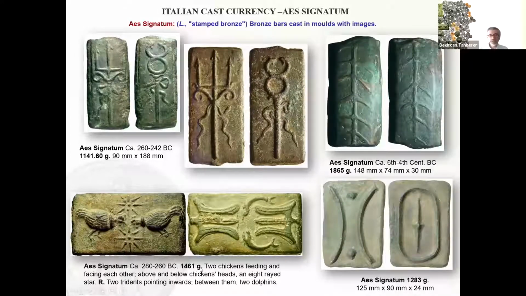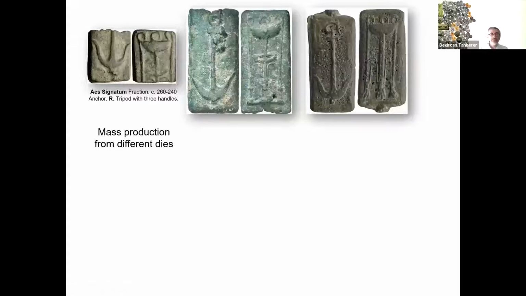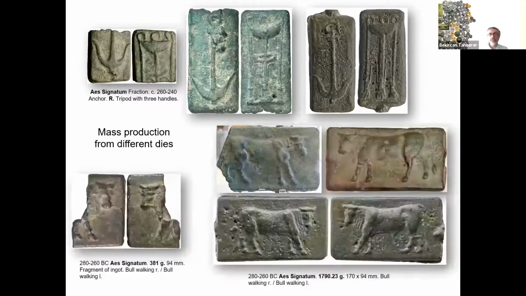This is 1.5 kilos. And this is again 1.3 kilos. They are quite heavy and also big. So we see the mass production from the examples that are available right now on online references and books.